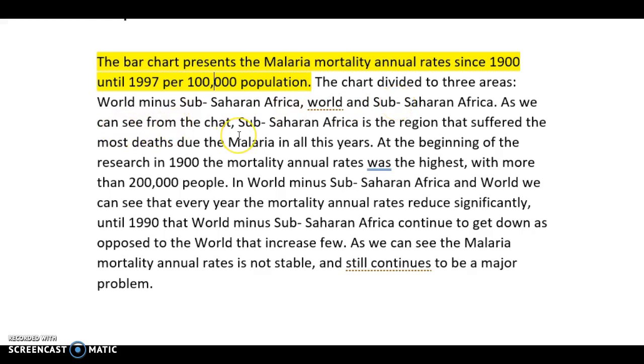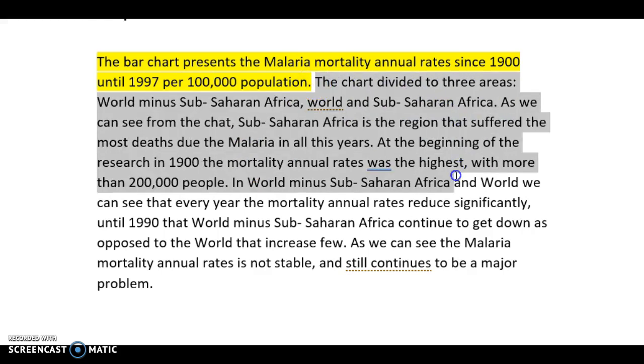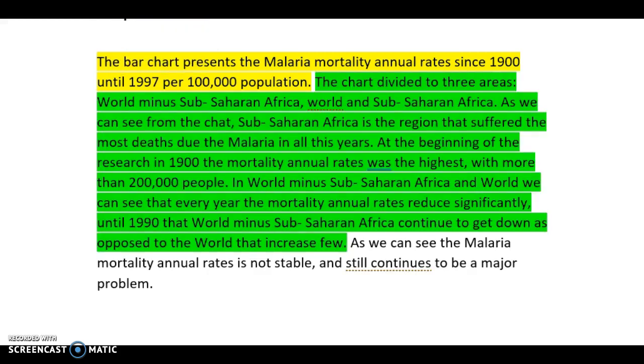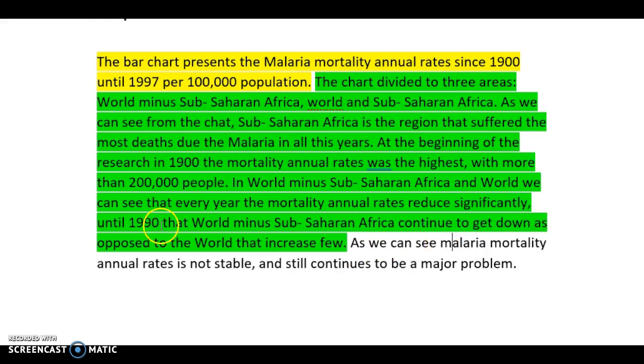As we can see from the chart, and now we have all of this information. So this is giving us all of the details. And then as we can see, not the malaria, but just malaria, mortality is not stable and continues to be a major problem.